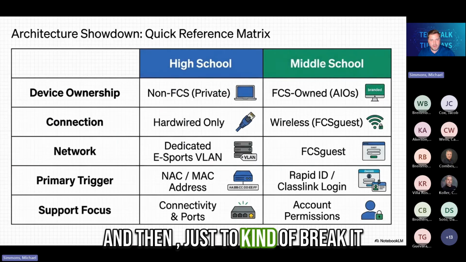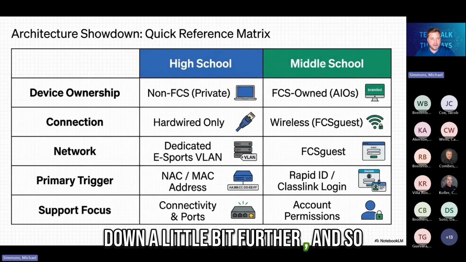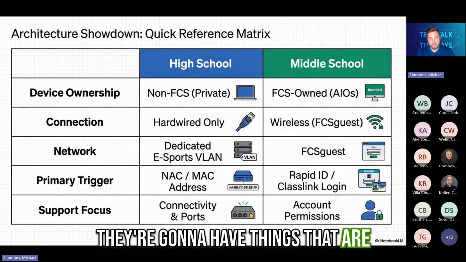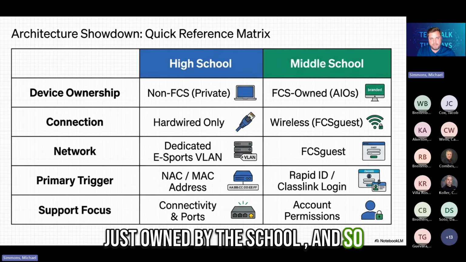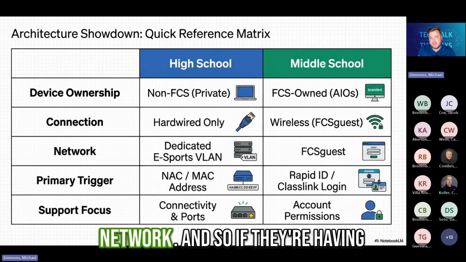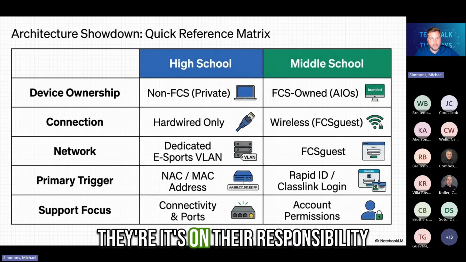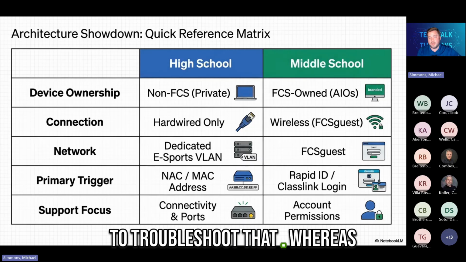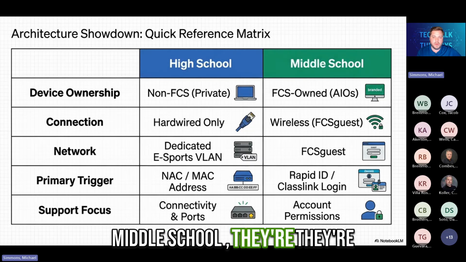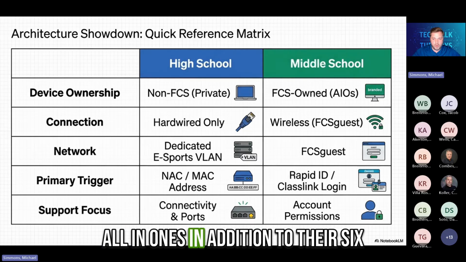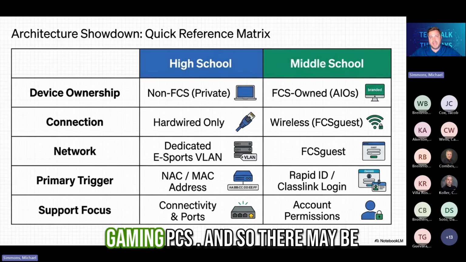And then just to kind of break it down a little bit further. And so high school, they're going to have things that are just owned by the school. And so our support goes as far as the network. And so if they're having any issues with the machine itself, it's on their responsibility to troubleshoot that. Whereas middle school, they're using FCS owned or county owned all-in-ones in addition to their 6 gaming PCs.